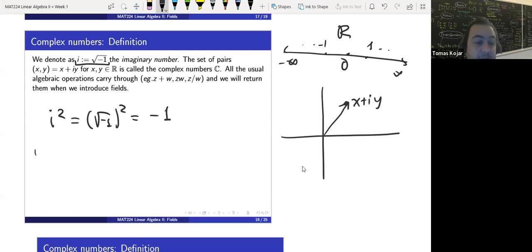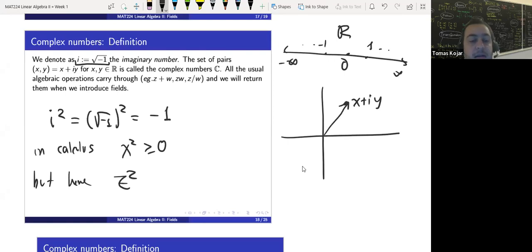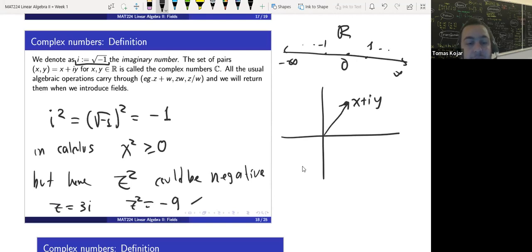Because in calculus, you always have that x squared is positive. But here, z squared could be negative, because it can contain this i squared. If you take z equal to 3i, then z squared is equal to minus 9, which is negative.